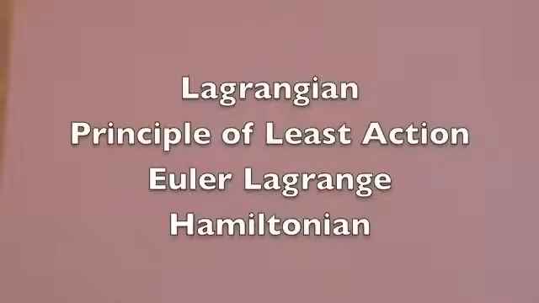Hello, today we're going to be looking at an introduction to analytical mechanics. This is based on classical or Newtonian mechanics, but is applicable where the Newtonian formulae are not easy to apply. We shall be going via the Lagrangian, the principle of least action, the Euler Lagrange equation, and the Hamiltonian. But first, let's just remind ourselves of the basic formulae associated with Newtonian mechanics.